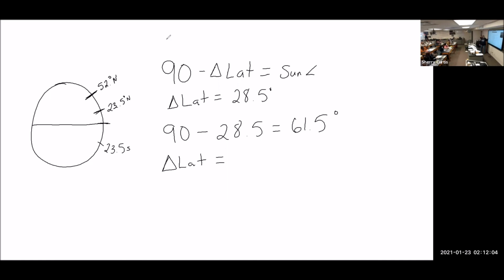Now what do you do with these two numbers? You've got 52 degrees here, and then you have to go another 23, so 62, 72, 75.5. And 90 minus that, 14.5 degrees.